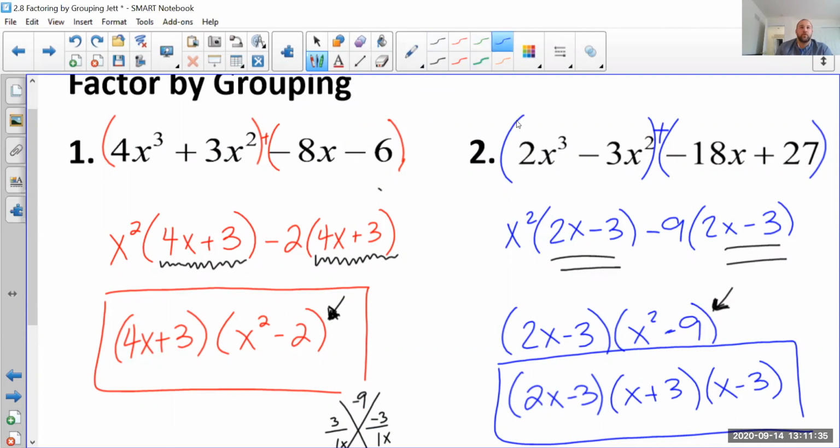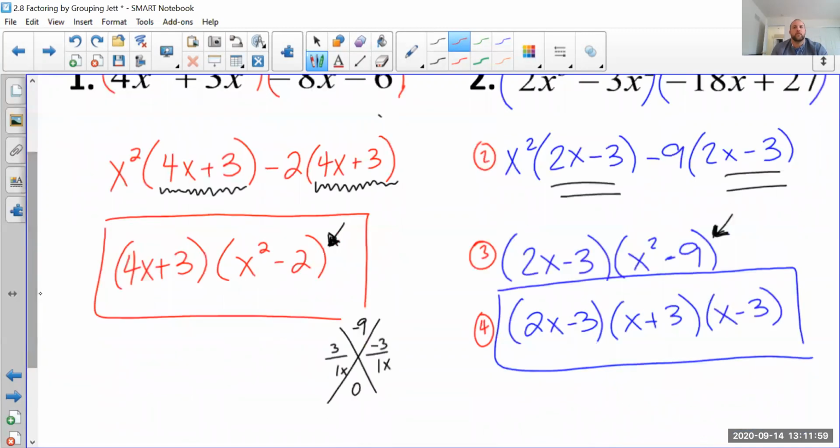Are you okay with the grouping at the beginning? Uh-huh. How about, are you okay with getting from step 2 to step 3? Okay. So the main difference then, step 4.